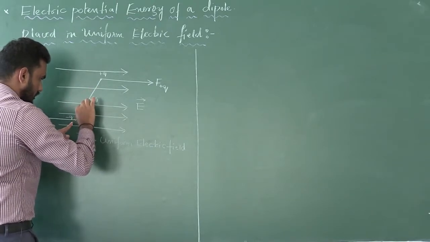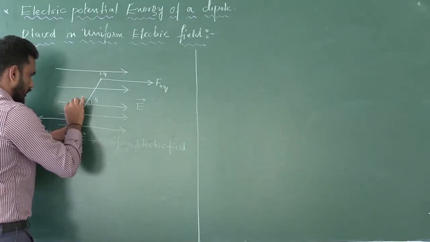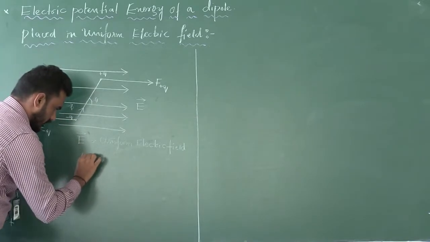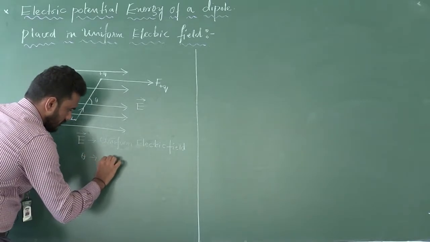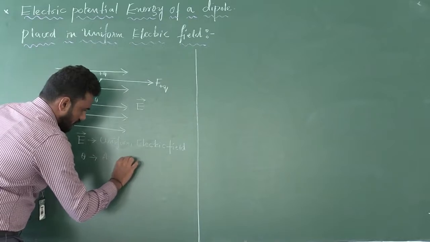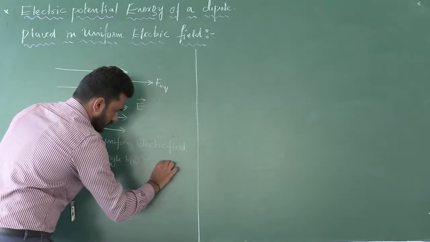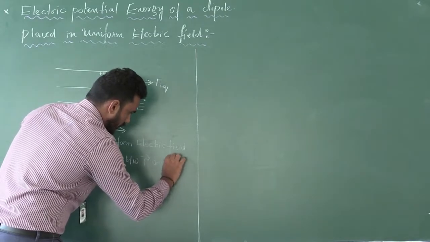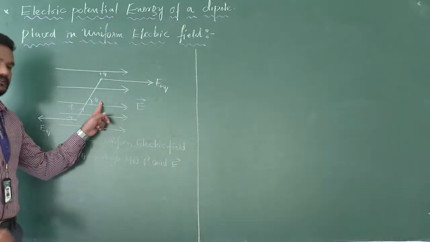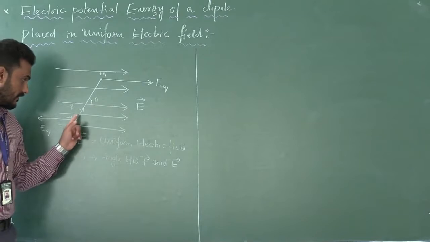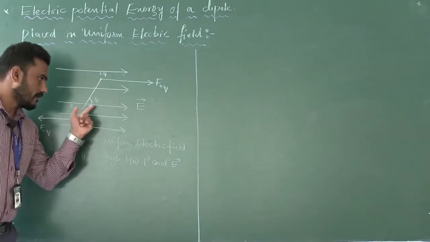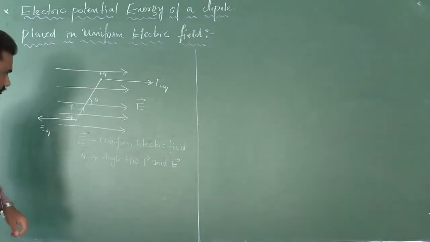I'll write here P vector. Theta is the angle between dipole moment, that is P vector, and electric field E vector. Look at this theta. Theta is the angle between dipole moment and uniform electric field.